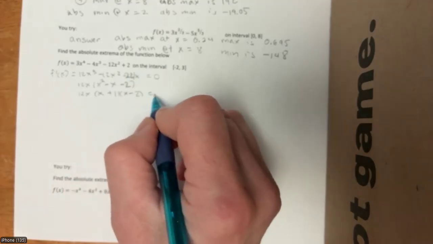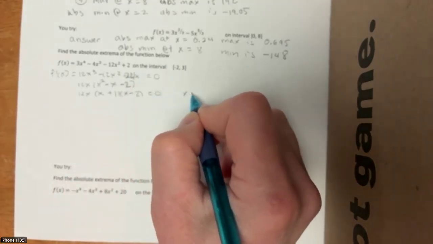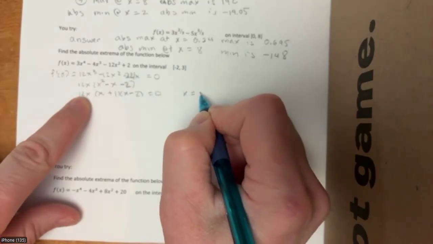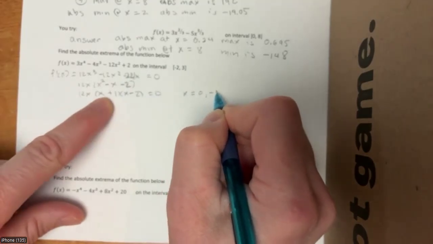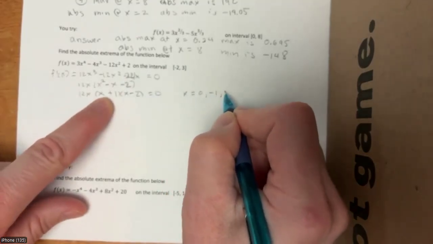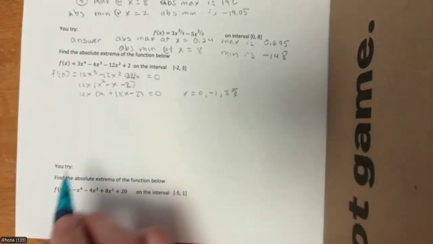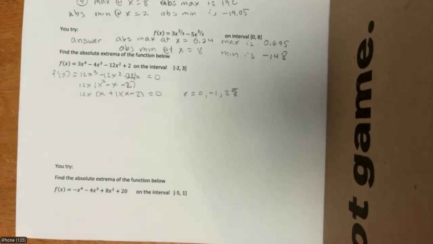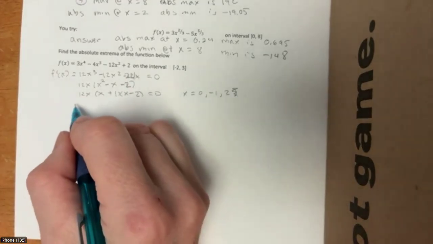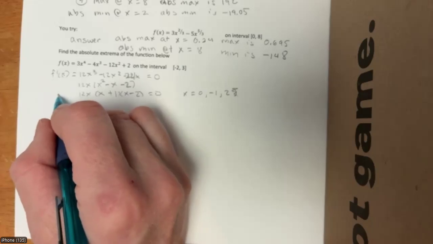Great. So our critical values are x equals 0 from that factor, x equals -1 from this factor, and x equals 2 from this factor. So we have our critical values. And that was step one.